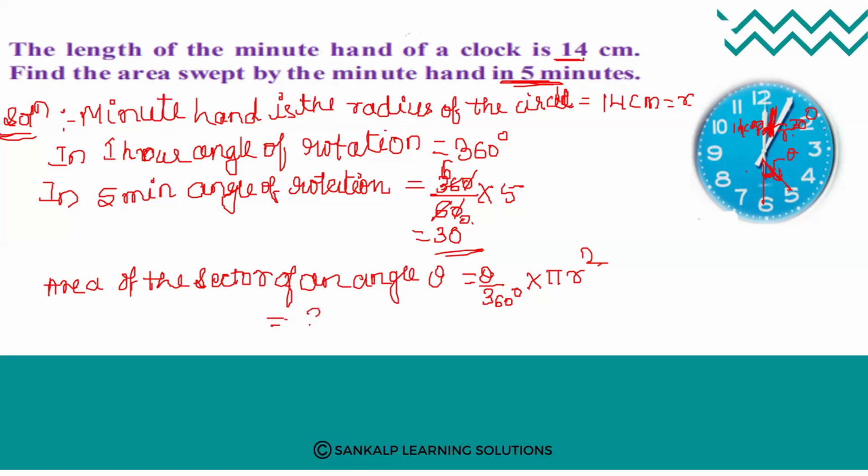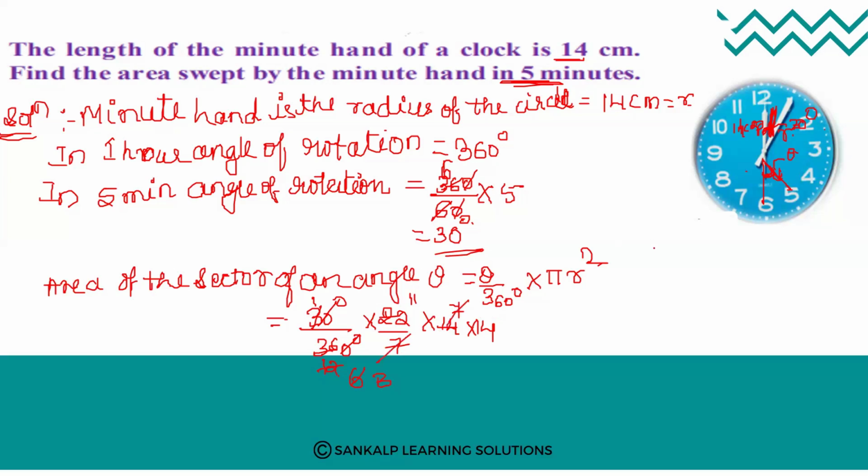Here the theta value is 30 degree divided by 360 degree, into pi value 22 divided by 7, into R value 14 into 14. So the 0s will get cancelled. 3 ones are 3, 3 fours are 12. Then 7 into 7 will get cancelled.